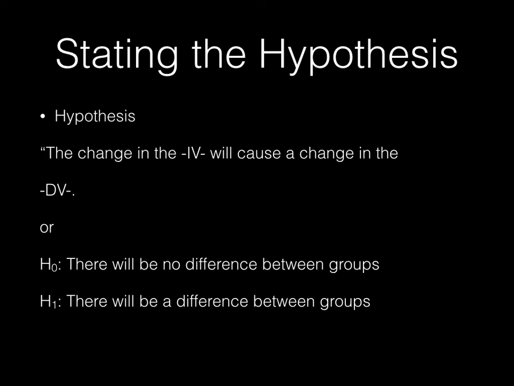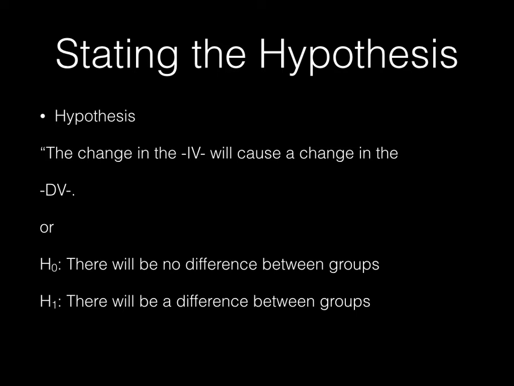But just to quickly, you could say something like this: a change in the IV will cause a change in the DV. So if echinacea's concentrations increase, the regeneration rate of planaria will go up. Or you have to create two hypotheses. A null hypothesis: if planaria is given echinacea, then the regeneration rate will be no different than the control.